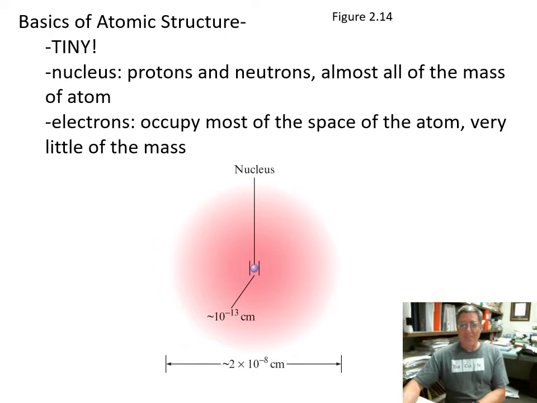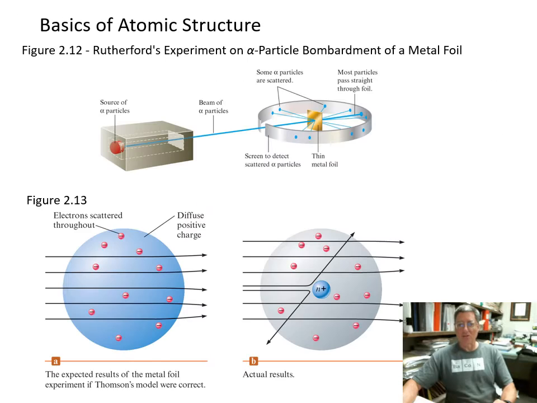And then the idea that the nucleus is 10 to the minus 13th, so that's what, 10 to the 5th difference. So the nucleus is just this tiny little spot in the middle. And your book has some good analogies about, if you had a football field and you'd have this P in the middle of it or something like that. So that's the picture, the atom, just basic atomic structure.